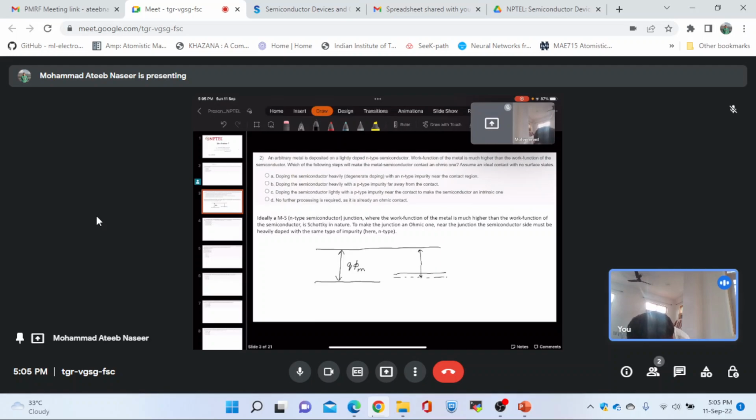Let us write down that this is the semiconductor work function, and the metal work function is much greater than this, and let's suppose this is our Fermi level.